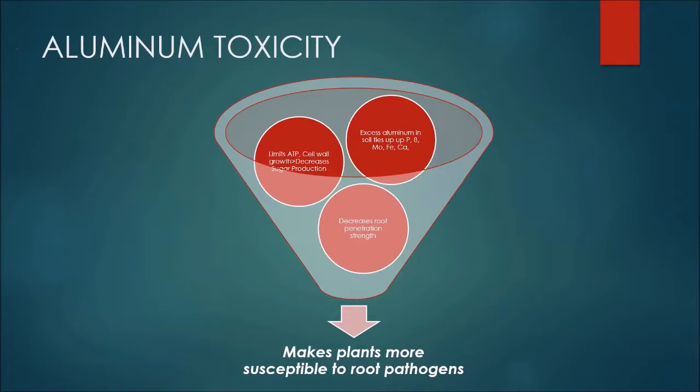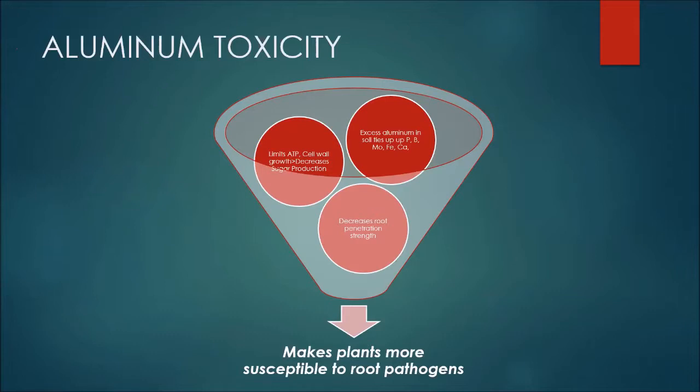Why is this important? Well, as many of you know, phosphorus is crucial to ATP, and calcium is crucial to cell wall growth, and boron is crucial to sugar production. So as you limit all of those within the plant, you then begin to limit your root penetration strength.